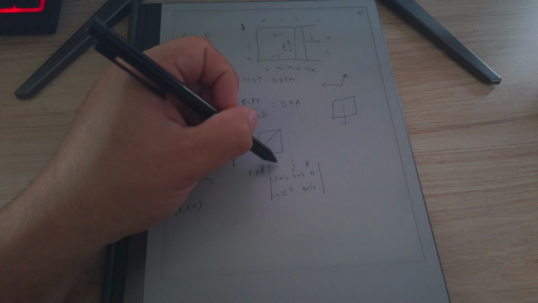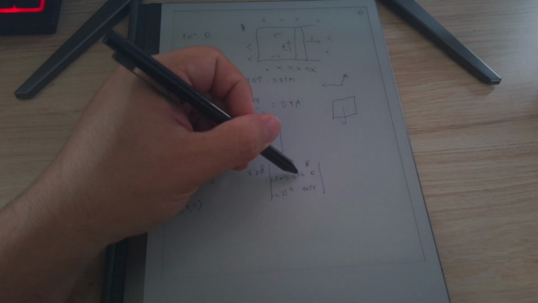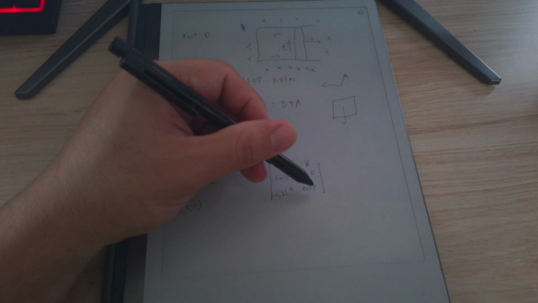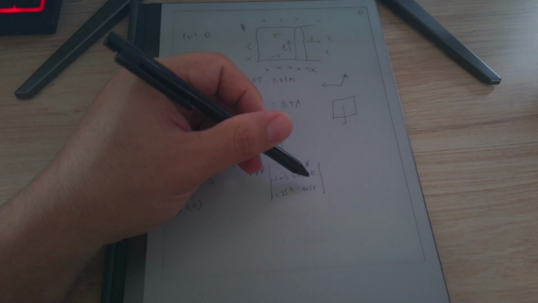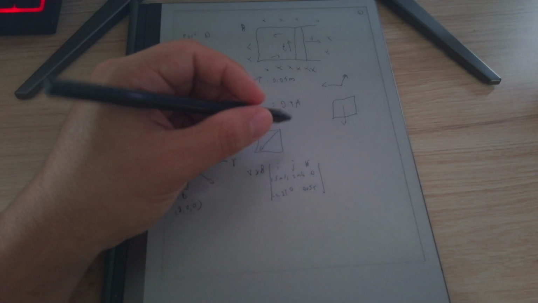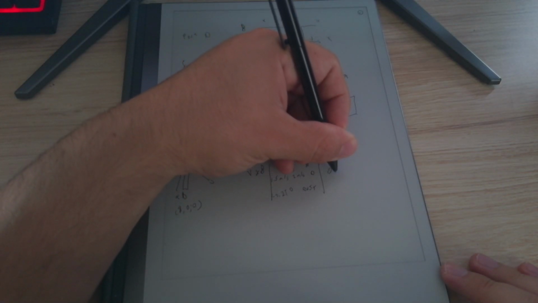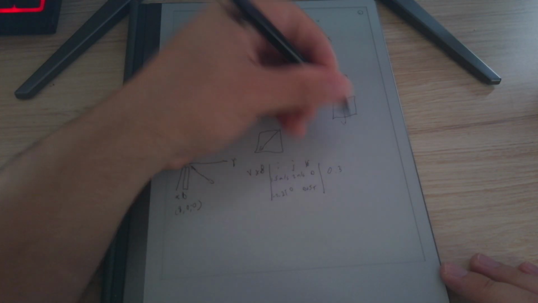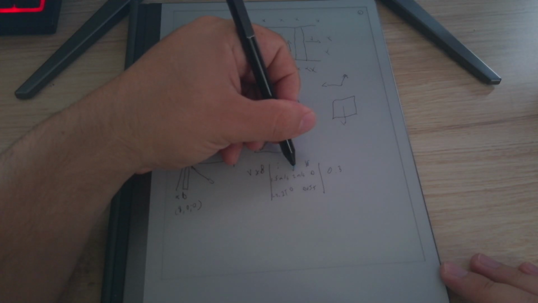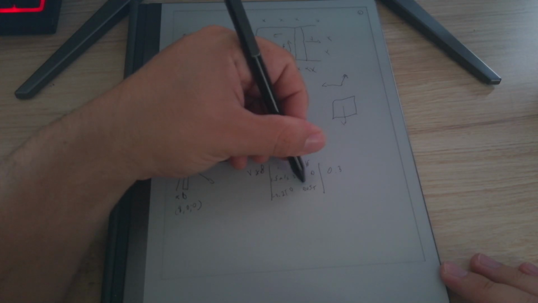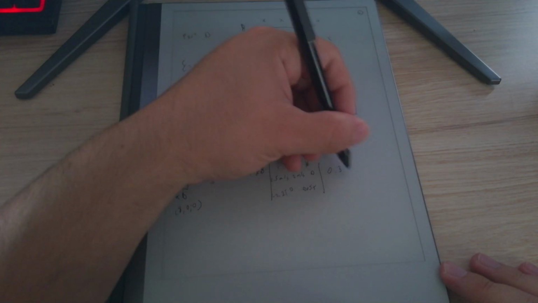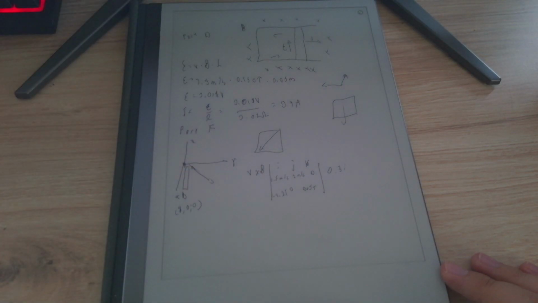So, very simple, solving for I is going to be 2 times 0.15, which is 0.3, and then find the cross of these, which should just be 0, so minus 0, which should be 0.3 I.